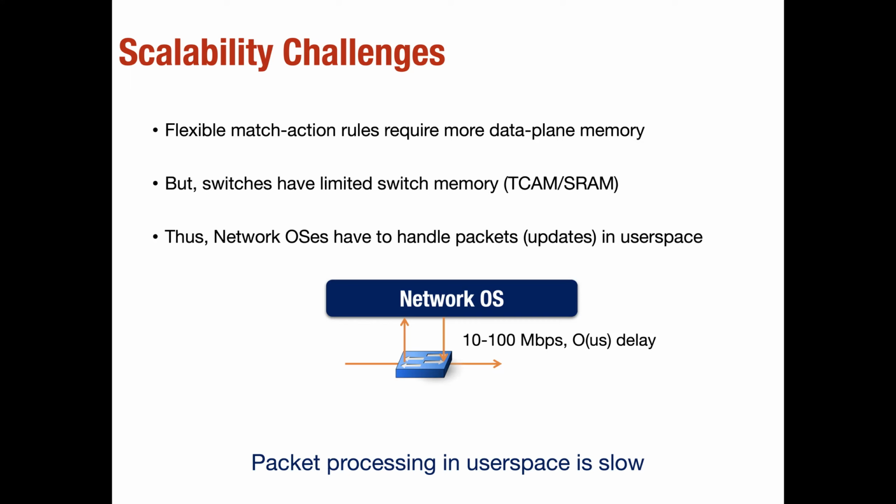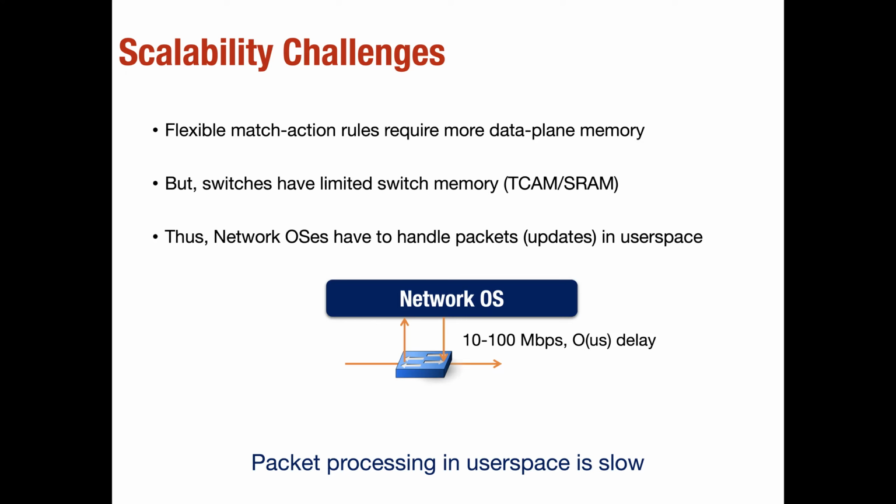So packet processing in user space is slow. And this is the reason why we desire a lot of flexibility, but we don't have software routers in the core. Now you might be wondering: we talked about Open vSwitch. If we can implement those virtual switches in software, then why can't we implement them anywhere else in the network?